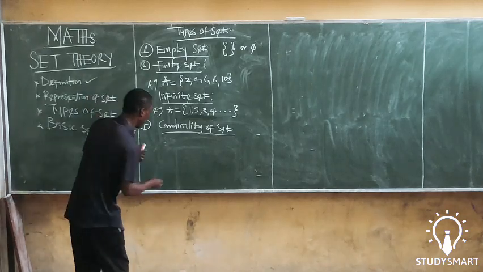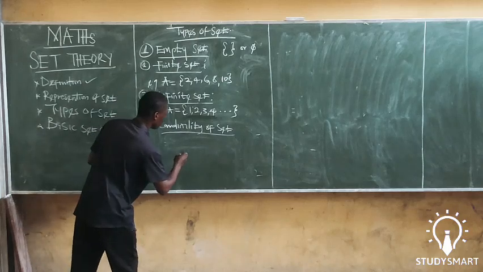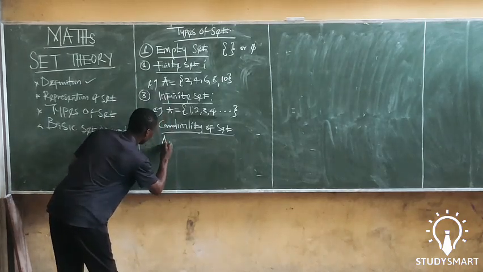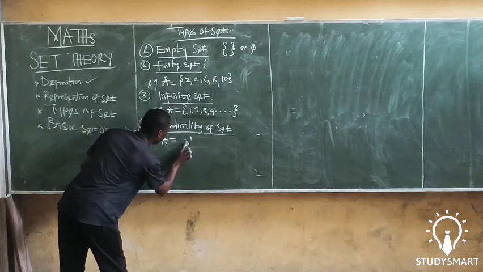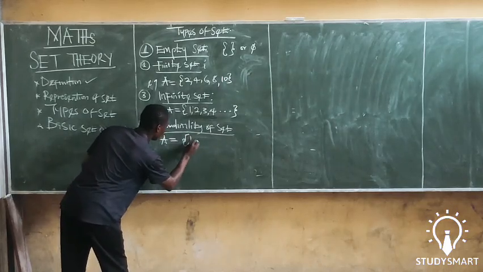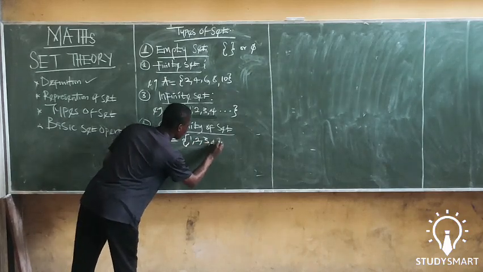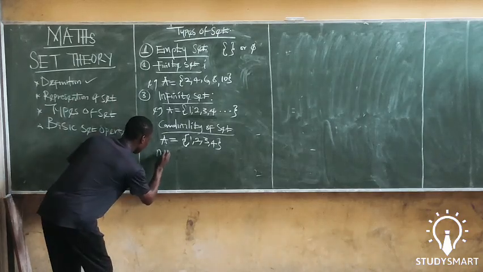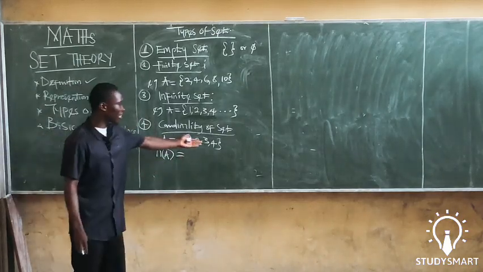For example, if I have A equal to 1, 2, 3, and maybe 4, how do I find the cardinality of the set?